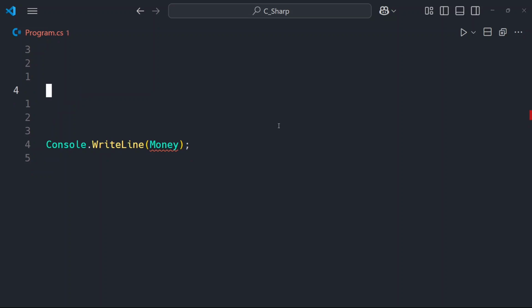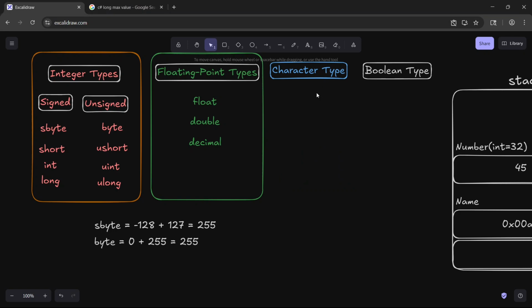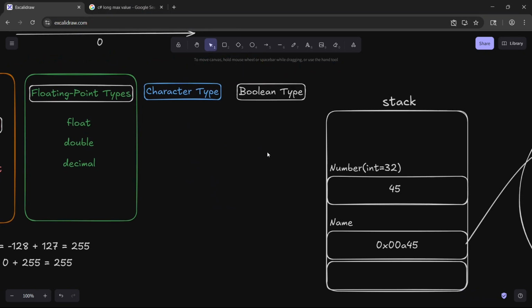Let's go ahead and talk about what's left. Okay, the Boolean type. Finally, let's talk about the fourth, Boolean. Boolean type, also known as just bool, in C#, is a fundamental primitive type that represents logical values.